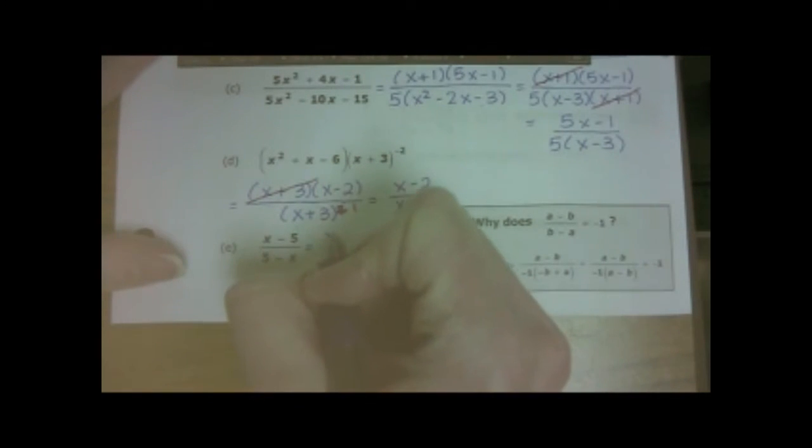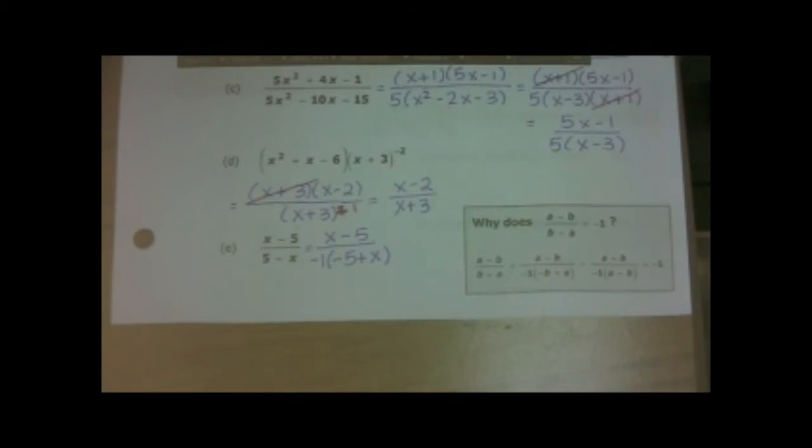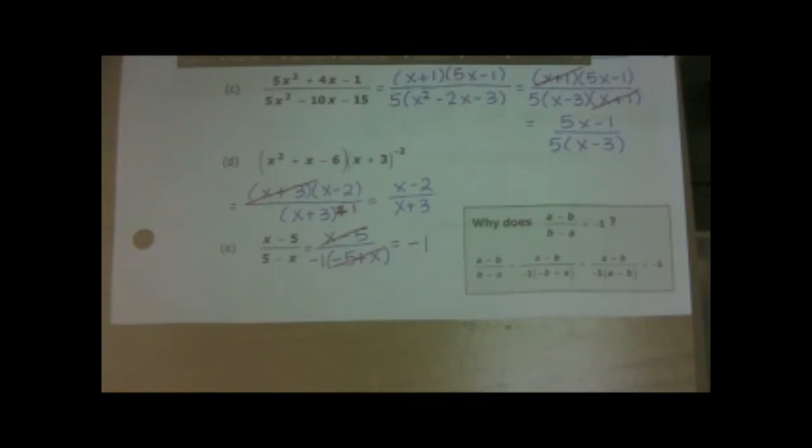So let's just say I do this on the bottom, and you can do this on the top, it's fine. If I factor out a negative 1, in parentheses, that leaves me negative 5 plus x in parentheses. Now notice these two things are the same. Both have a positive x and a negative 5. So these can be canceled. And what I'm left with is 1 divided by negative 1, which is just negative 1.